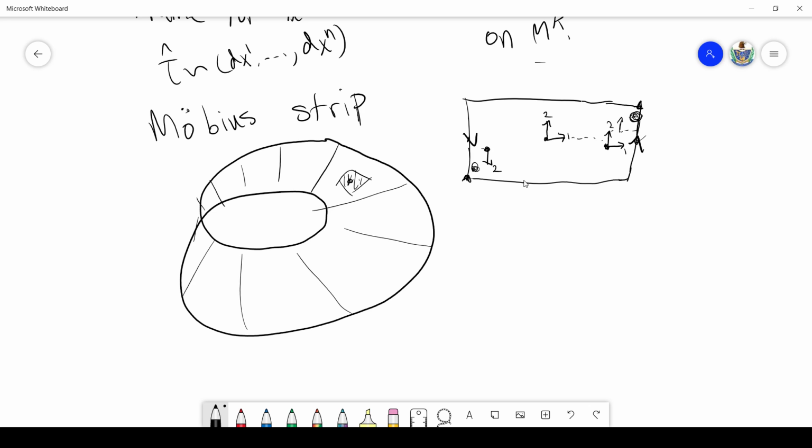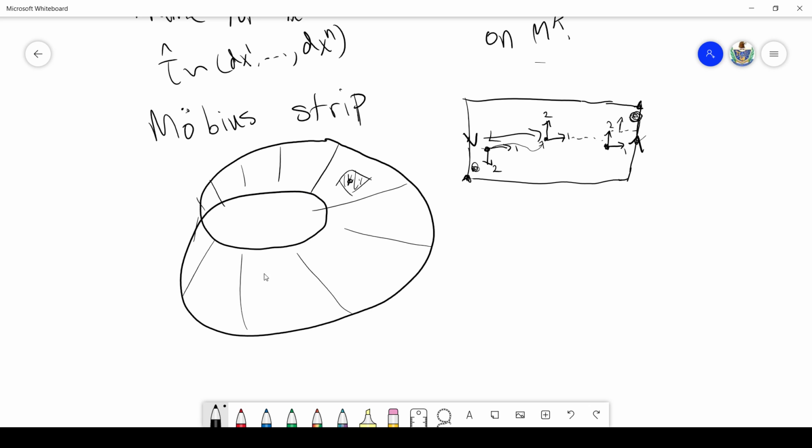But the 1, this direction, doesn't change. This is an opposite orientation. And so what we've done is we've transported this frame continuously, and we can move this now over here, and we've gotten a different orientation. So this means that you can't define an orientation on the manifold.